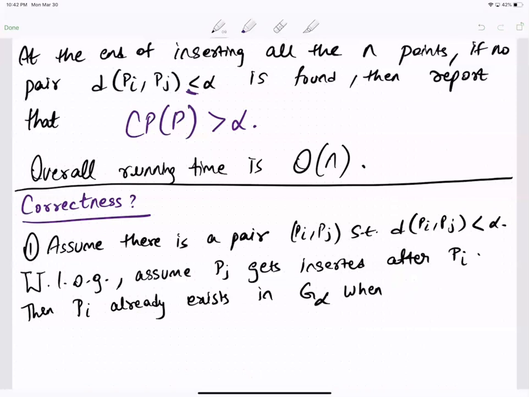And Pj is being inserted. Well, what does that imply?